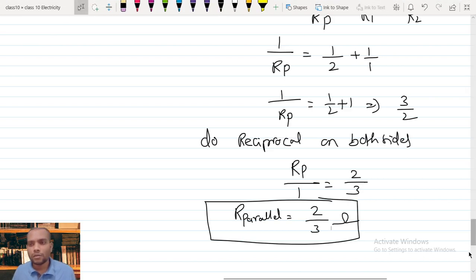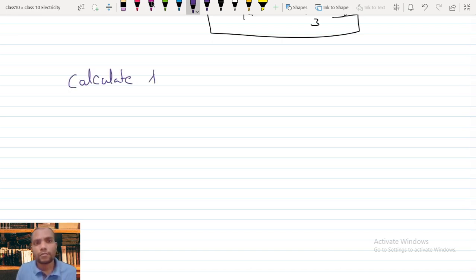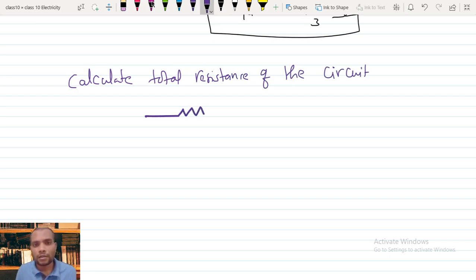Let us try to do one more in the parallel combination. Calculate the total resistance of the circuit. Suppose three equal resistances are connected in parallel.